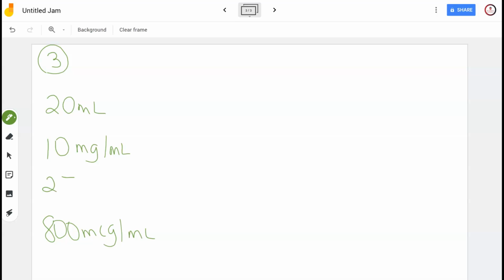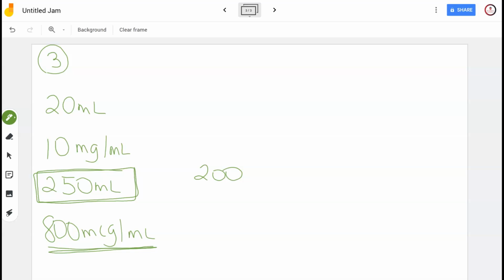So, 250 bag. This should look pretty familiar, right? Your 800 mics per milliliter looks a lot like dopamine. How do you get an 800 mic per milliliter concentration out of a 250 milliliter bag? You add 200 milligrams of the drug, right?